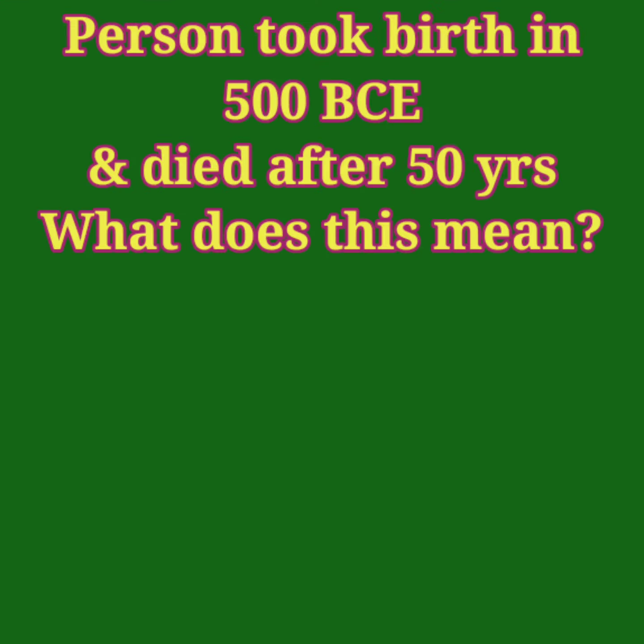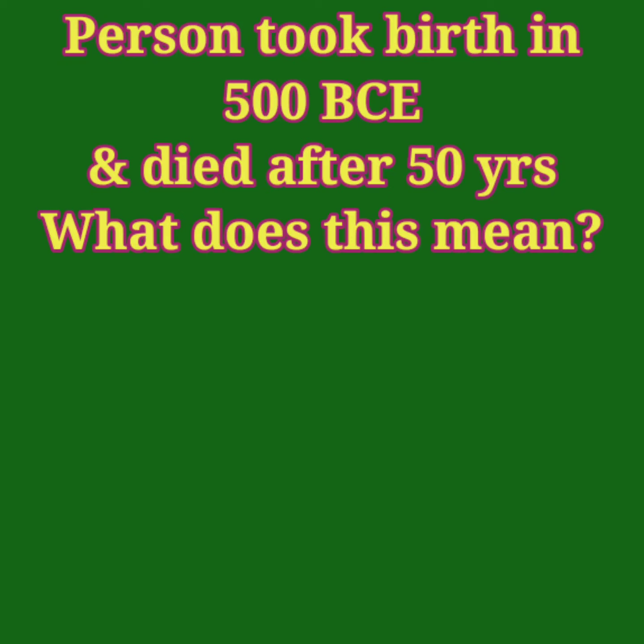Now let's see an example. A person took birth in 500 BCE and died after 50 years. What does this mean? That is, for what time period he is alive. So just now I have told you the time in BC and BCE will be in decreasing order.